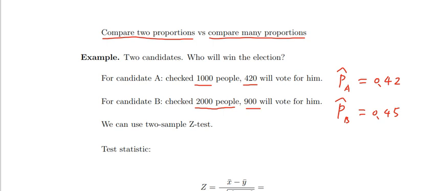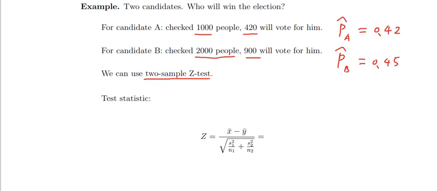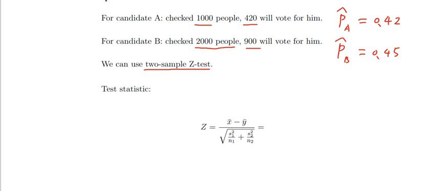So for such a problem, we can regard this as comparing two proportions, right? We can use a two sample z-test. Here z means proportion. Usually for two samples we use the t-test, but the sample size is quite big, so t becomes z. So we can use this formula for the test statistic: the z value equals this. We put in the calculation: x bar, we can regard this as 42, right? And the data is just 10 data, right?